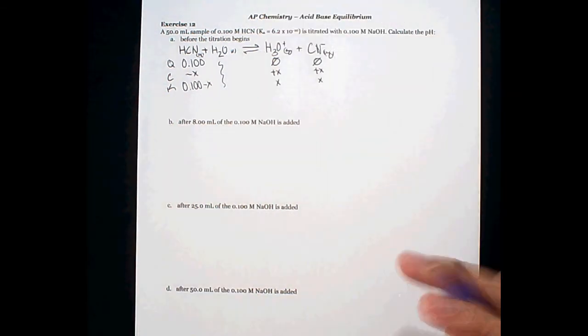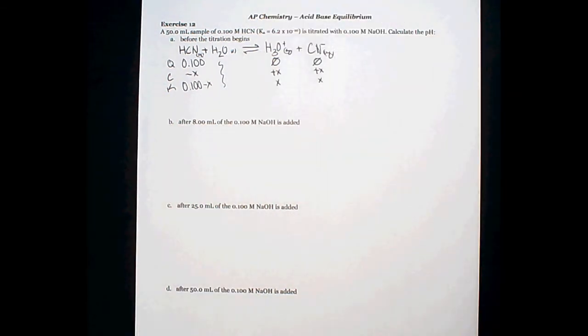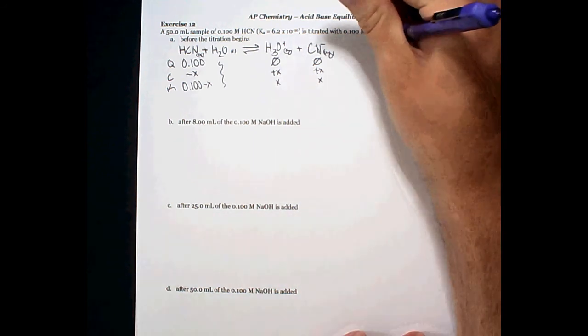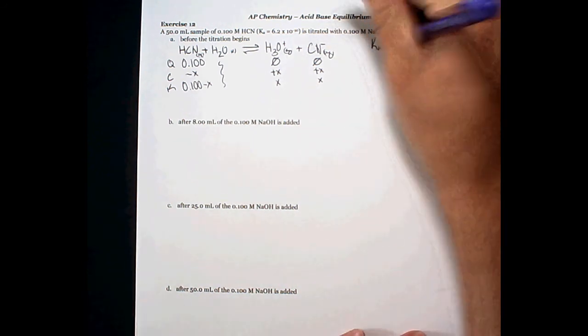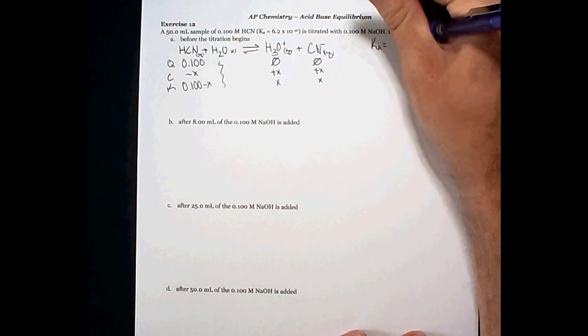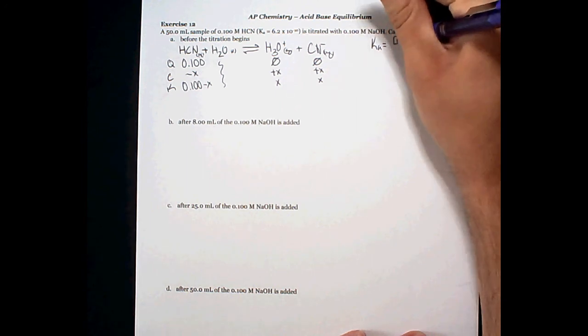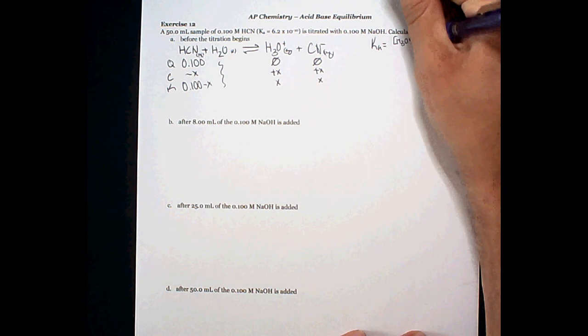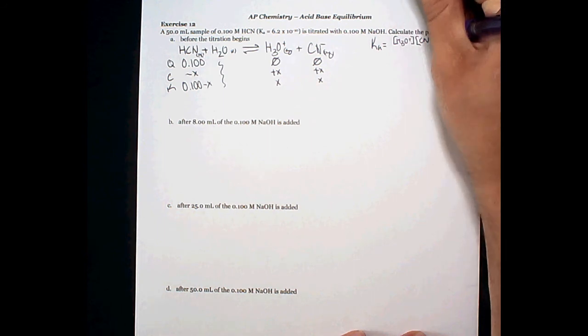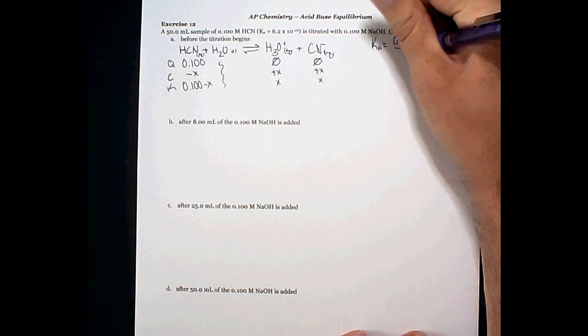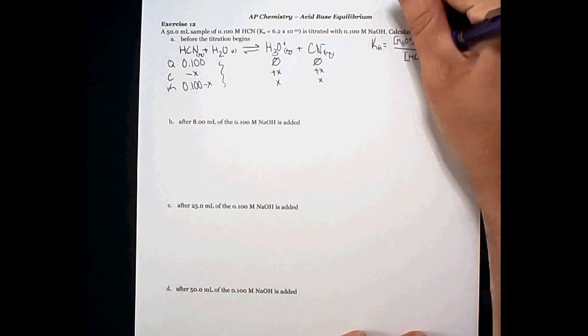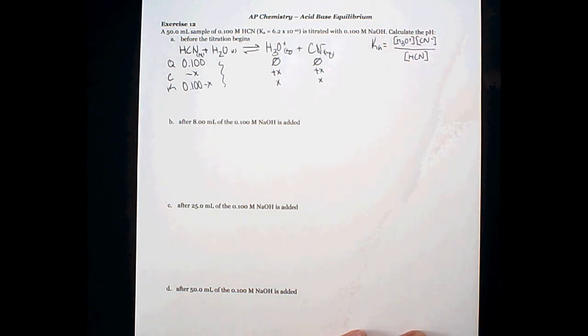Now, in order to solve this equation, we're going to plug this into our K expression. So we have Ka is equal to the concentration of the H3O plus times the concentration of the CN minus divided by the concentration of the HCN. Once again, water doesn't show up because it's a liquid.